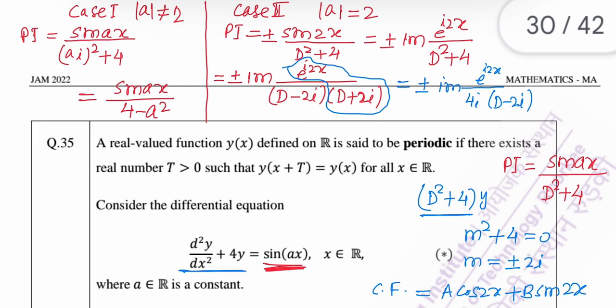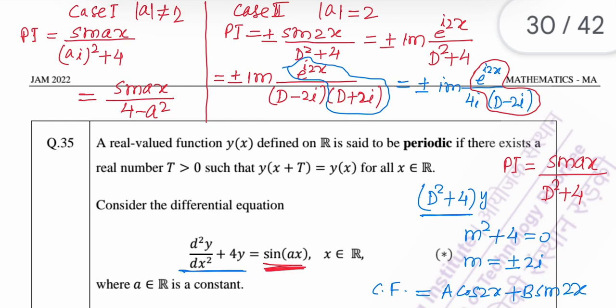Now we do the work for this part. I show you in red this part, and for this part D will be replaced by D plus 2i.